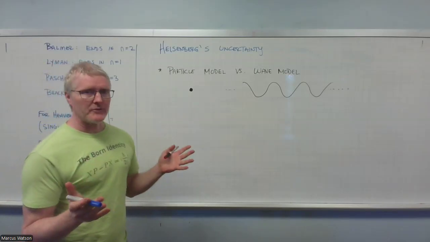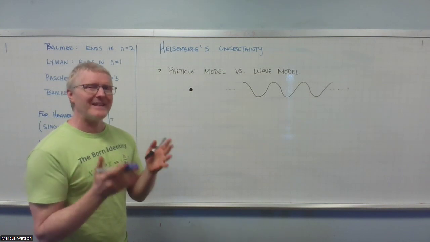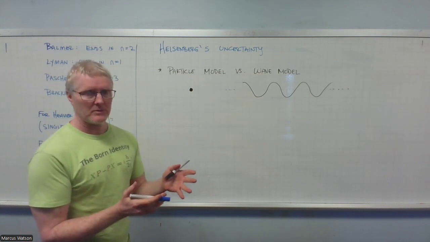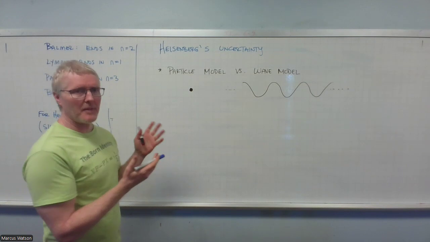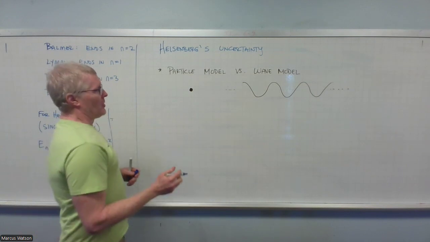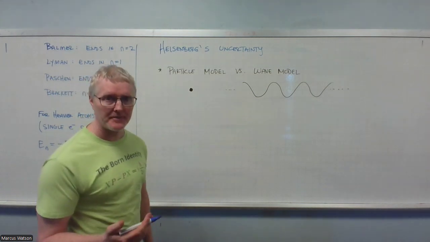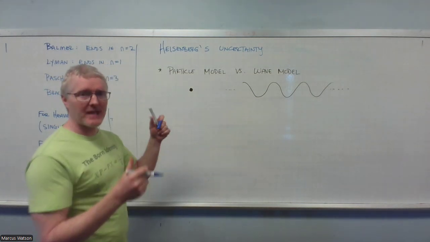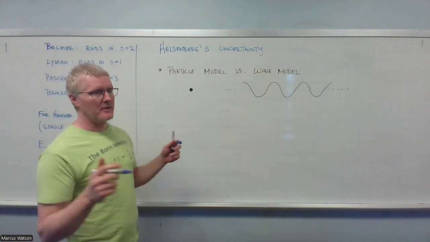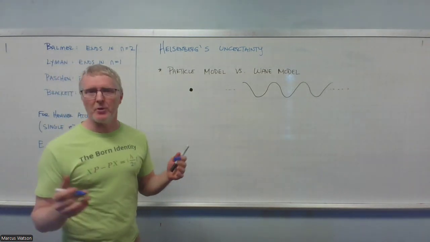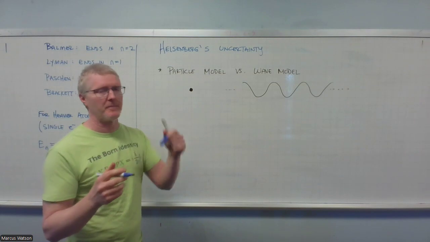If you think about what is measurable about the particle model? If I took a snapshot, a picture of something, for example, you could go to a baseball game, right? And you took a picture of the baseball.